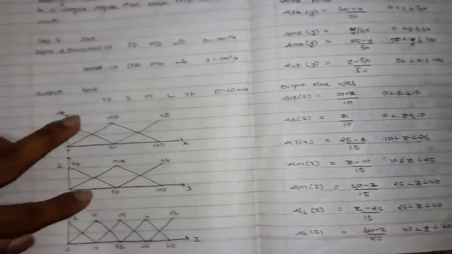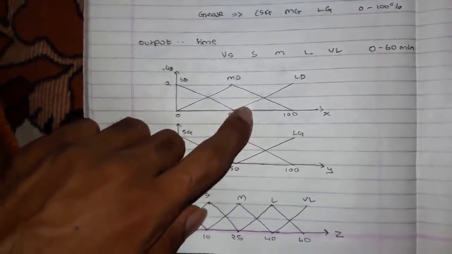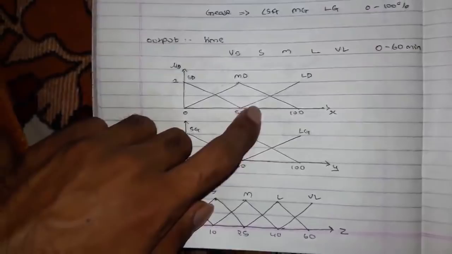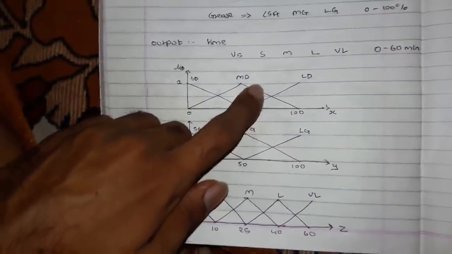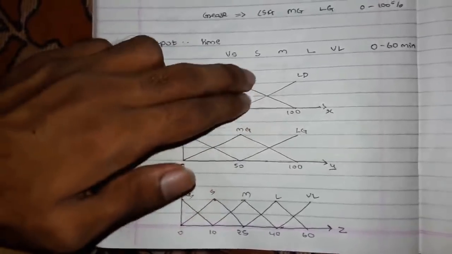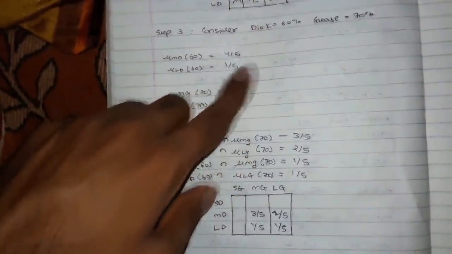Okay, so next what you do is you get 60% or 70%. So here you can see I have considered 60% over here. So 60% corresponds to this. So here 60% crosses this point and this point over here. So hence you get these two equations and the two corresponding values. I guess that was 4 by 5 and 1 by 5.